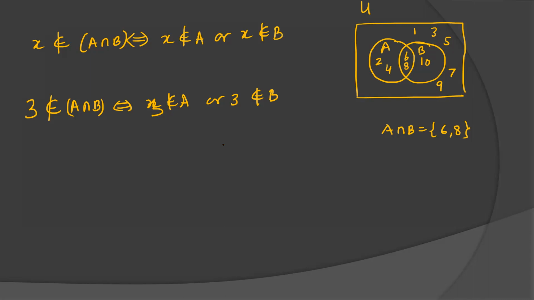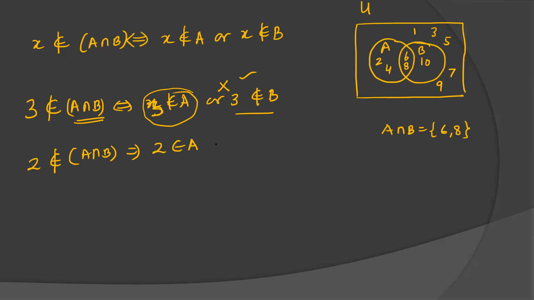If 3 is not belonging to any of the sets, it will not be in the intersection. But if it is not satisfied with one set only, then the other condition is meaningless. So we use OR here. For example, if you take 2, 2 is not belonging to A intersection B, but 2 is belonging to A.